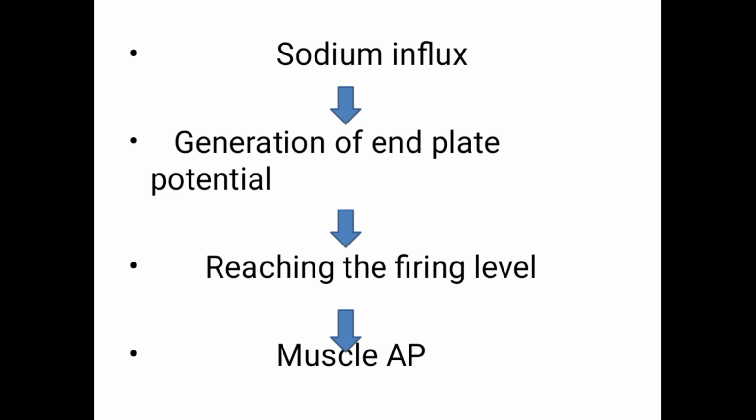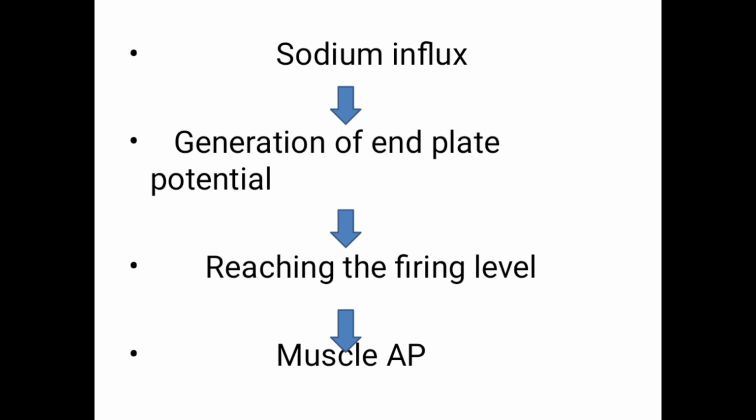The end plate potential will reach the firing level. That means more and more channels will open, more and more influx takes place, and it will reach the firing level. Muscle action potential will be produced in the muscle.